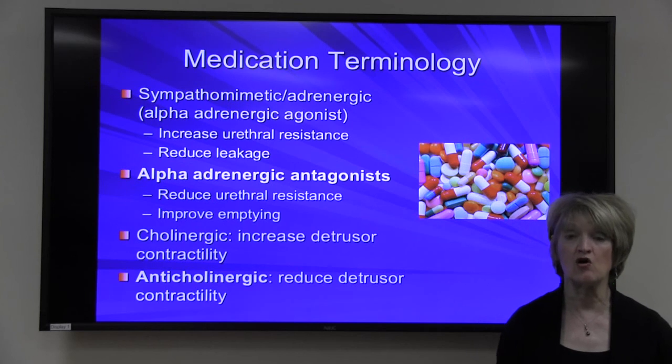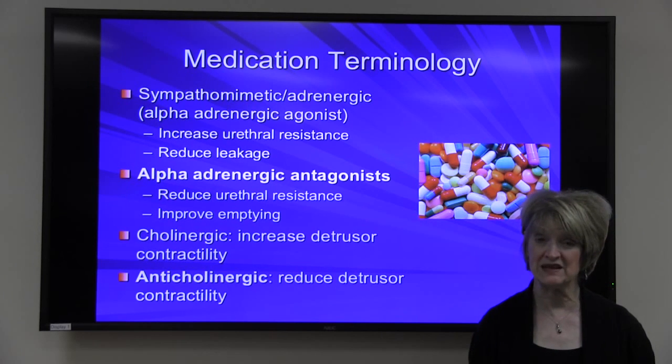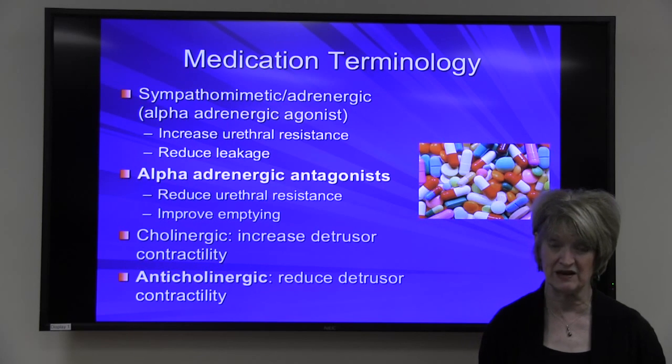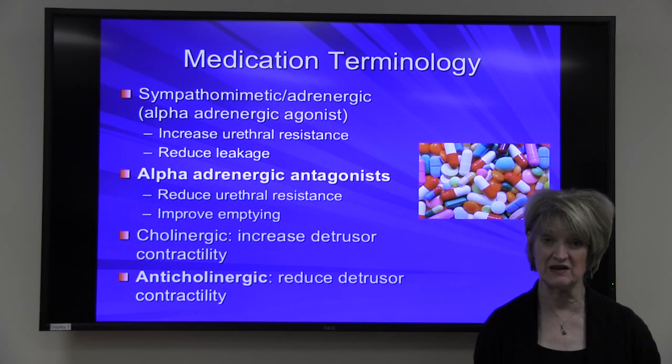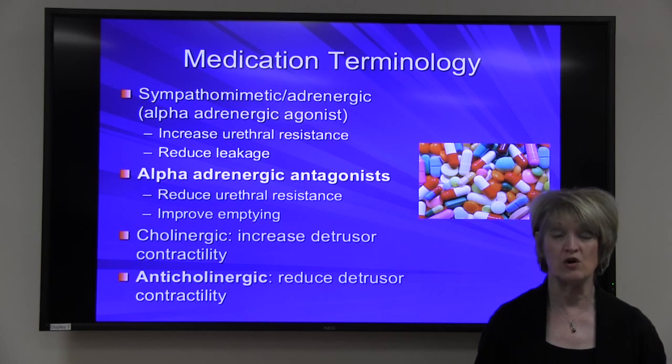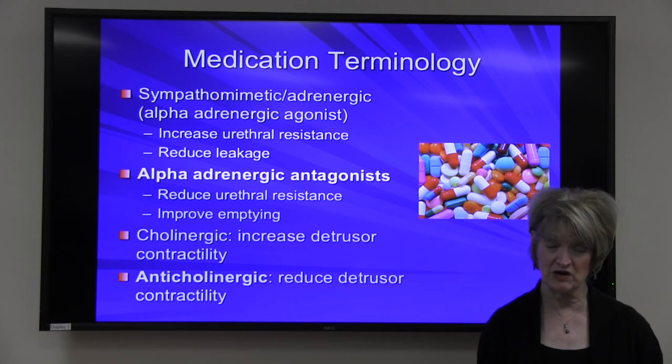Third category, cholinergic, means it mimics the effects of acetylcholine. Acetylcholine, the primary neurotransmitter for the parasympathetic nervous system. Parasympathetic nervous system active during the emptying phase, the voiding phase of the cycle. So theoretically, a cholinergic agent, which could increase bladder contractility, would be beneficial for a patient who had incomplete emptying.